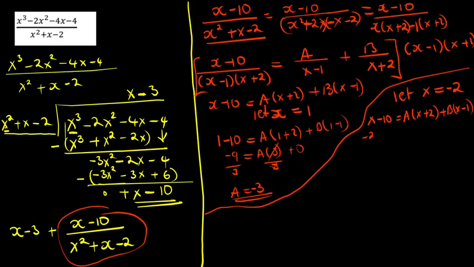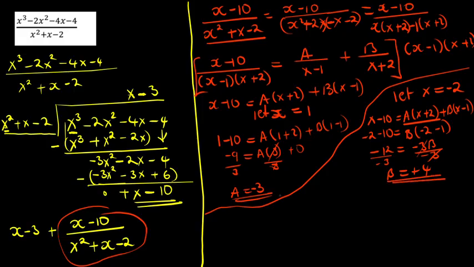Then negative 2 minus 10 equal to, so here I know that is 0. So there is no need for me to write that one. Then it will be negative 2 minus 1. Then it will be negative 12 equal to negative 3b. I'll divide by negative 3, meaning that your b is what? Positive 4. That is your b.